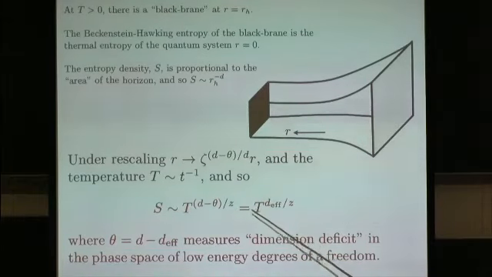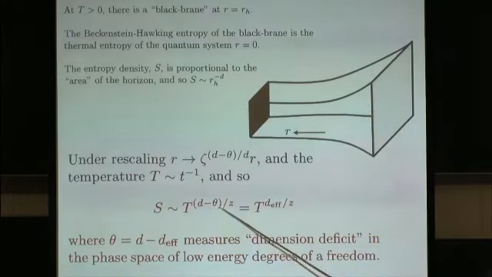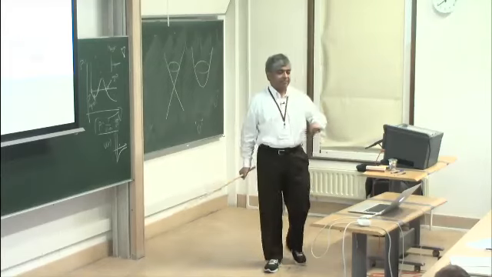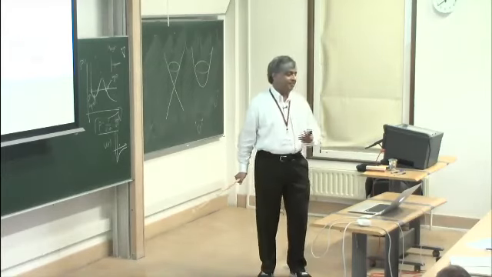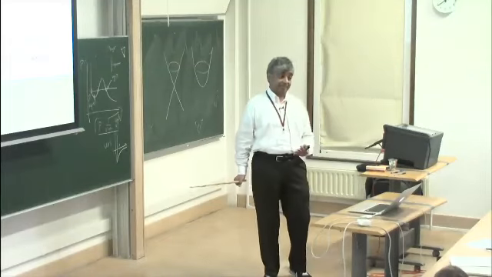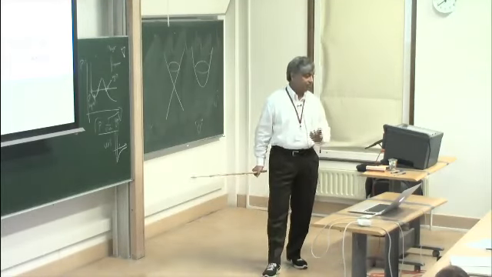So here we find we don't get hyperscaling, we get violation of hyperscaling, and theta is the exponent, which has been known before in condensed matter physics in different contexts, which tells you how much hyperscaling is violated. So what it's really roughly saying is that the low energy degrees of freedom have a phase space which is not d, but d minus theta. That's the meaning of this deficit.